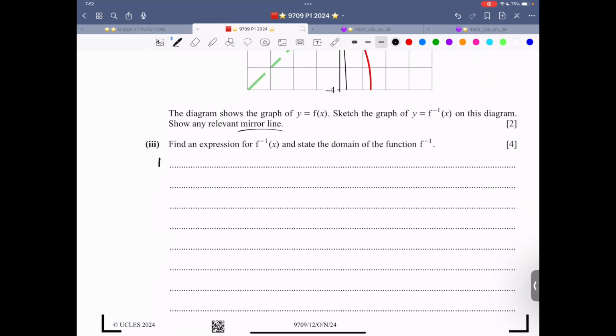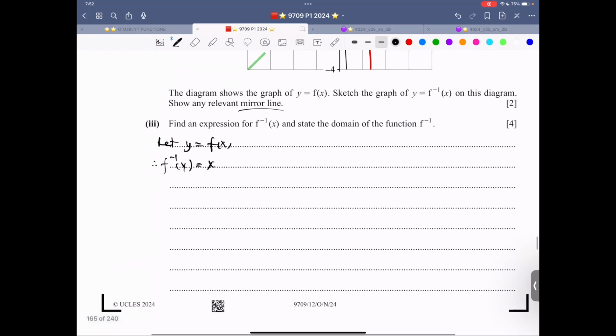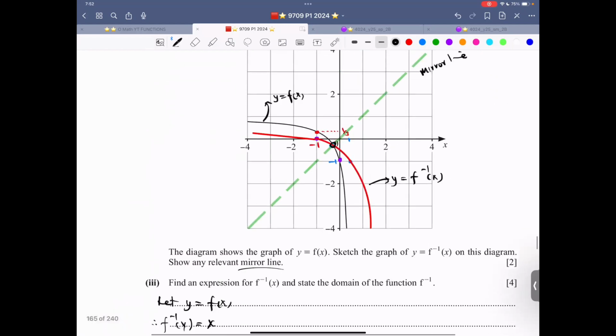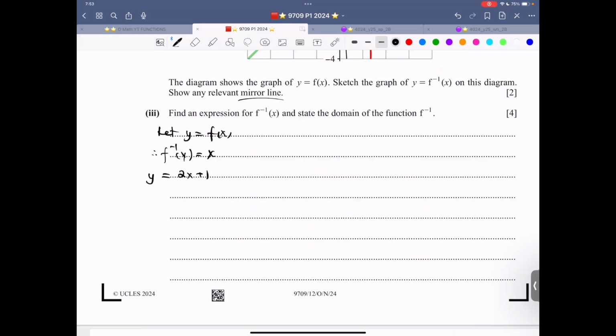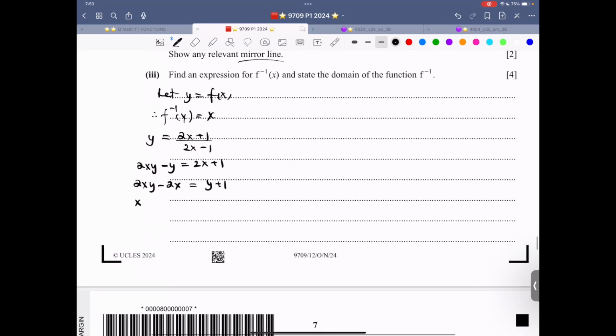So now let y equals f(x). Therefore, f inverse y equals x. So y equals, this is 2x plus 1 over 2x minus 1. 2x plus 1, 2x minus 1, cross multiply. 2xy minus y is 2x plus 1. 2xy minus 2x is y plus 1. x common, 2 also common.